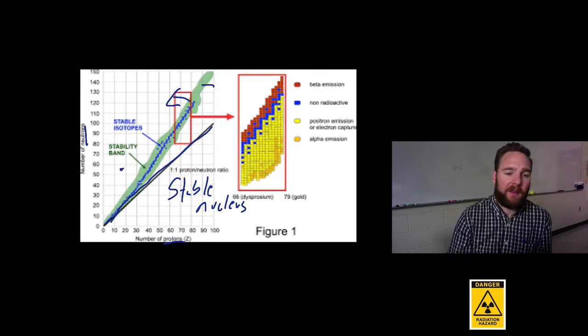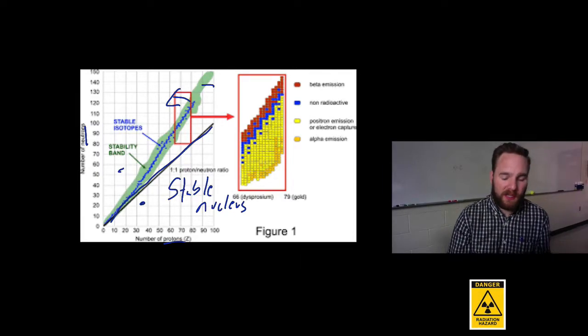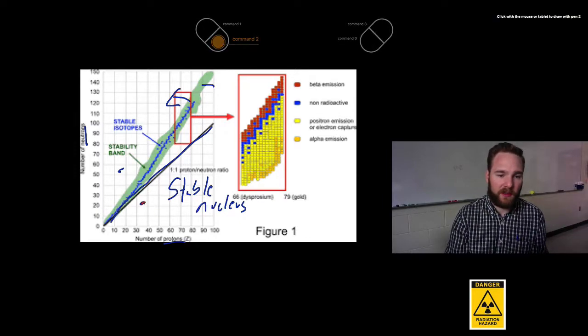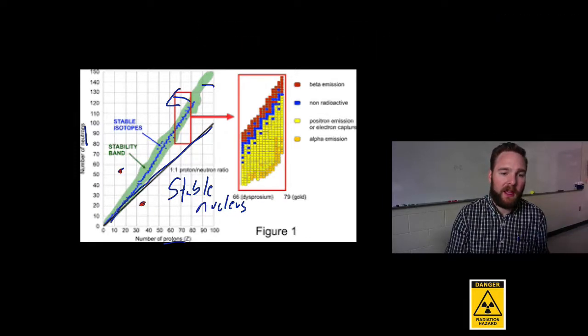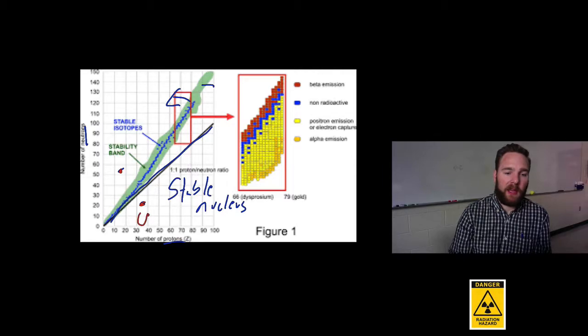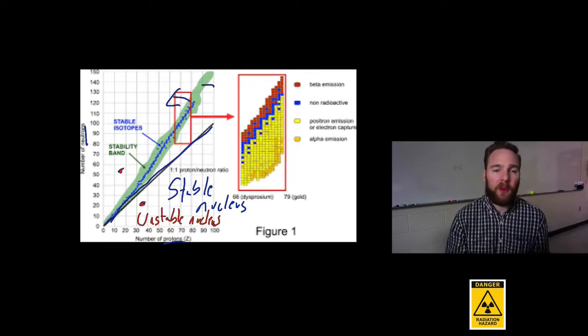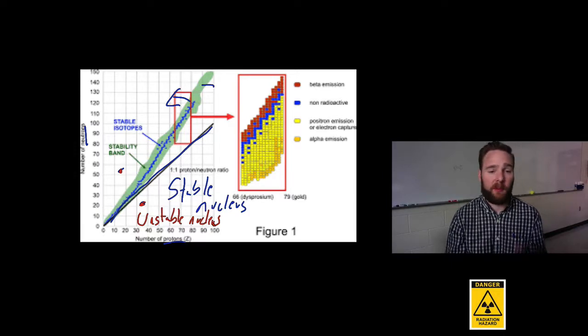But if it is anywhere outside this band, this is going to be an unstable nucleus. So again, this is just a way that we can visualize this and figure out, is it stable or is it unstable?